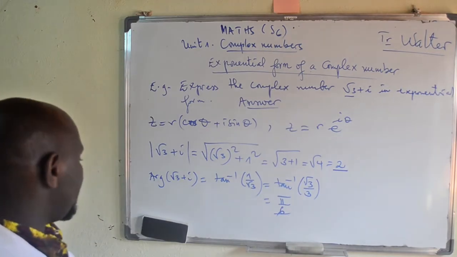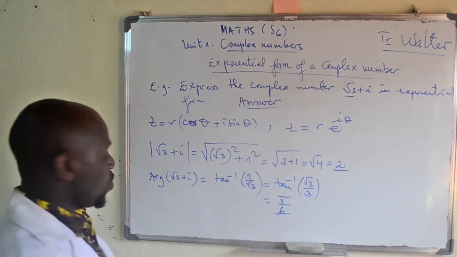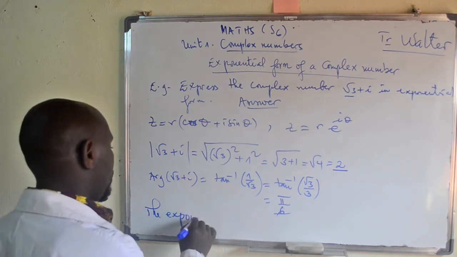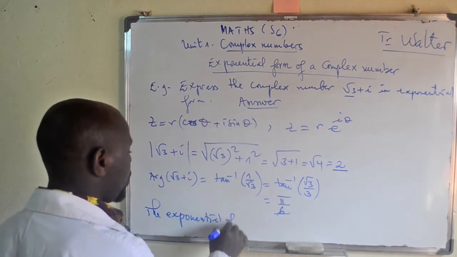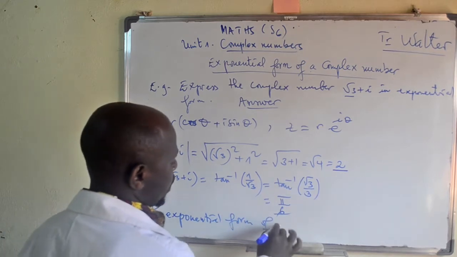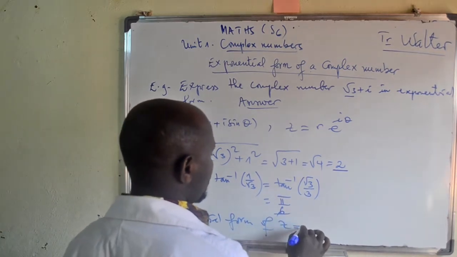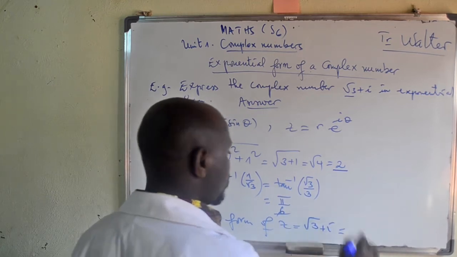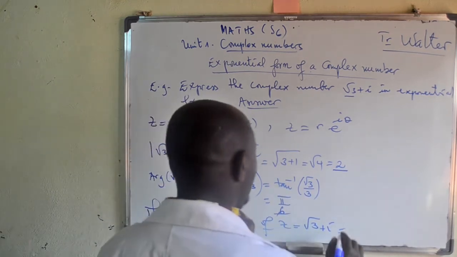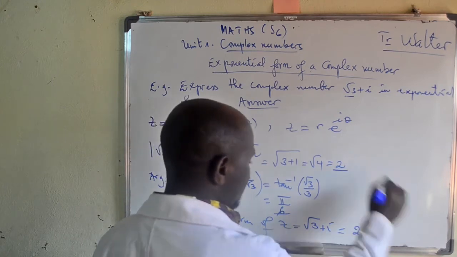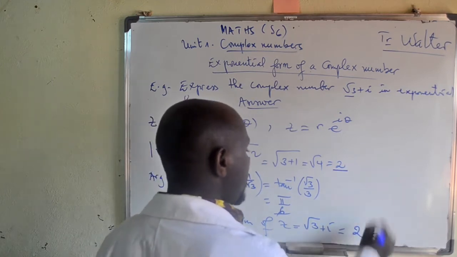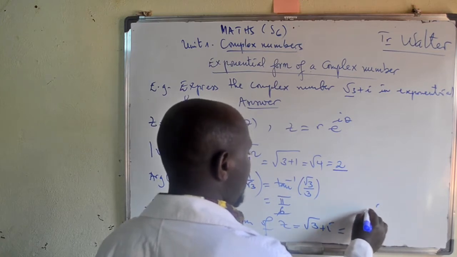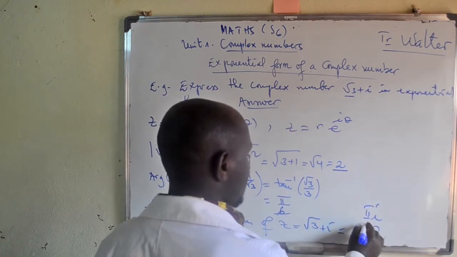We can now write the exponential form of this complex number. The exponential form of z, which is square root of 3 plus i, equals r, which is 2, then e power i theta, where theta is pi over 6.